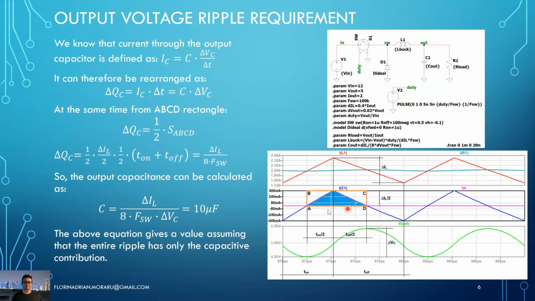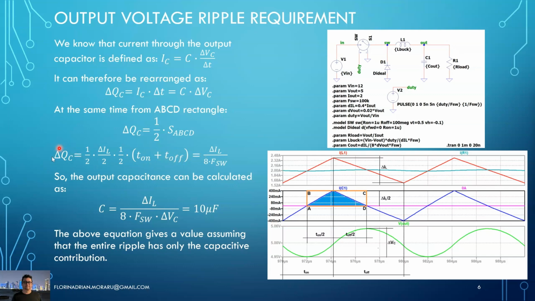And then for the AD, what we realize is that actually we have half of the on time plus half of the off time. And this is what I put here. So we have 1/2 times on time plus off time, which is the switching period.